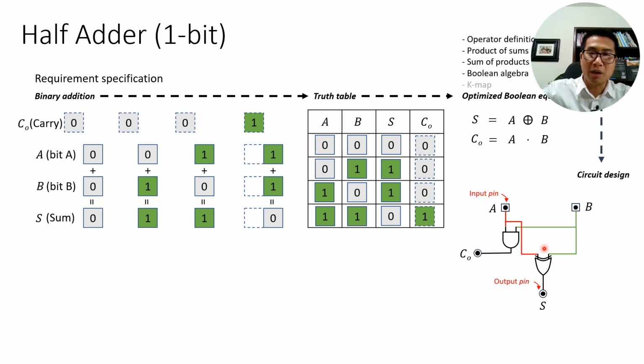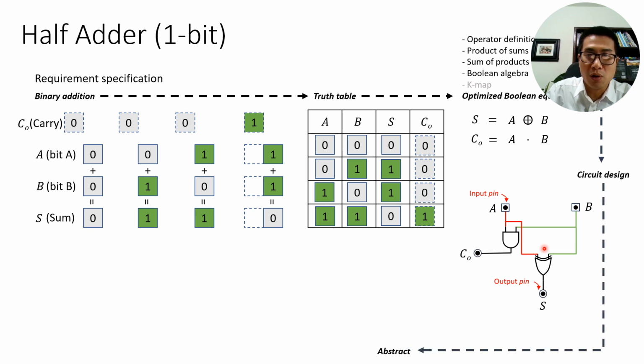So similarly in this one, we are going to move one more step, which is called abstraction. So we abstract the details of the circuit into one higher level by grouping them with some visual notation.